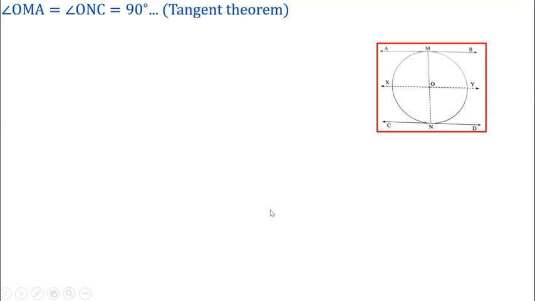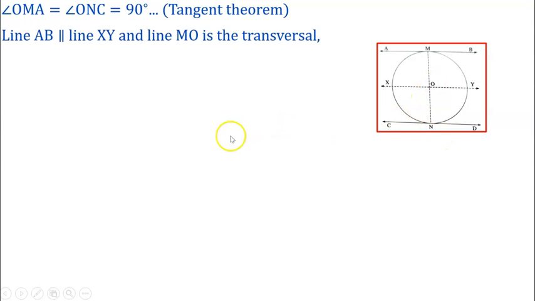Measure of angle OMA is equal to measure of angle ONC, that is equal to 90 degrees, by the tangent theorem. Line AB is parallel to XY, and the line MO is the transversal.